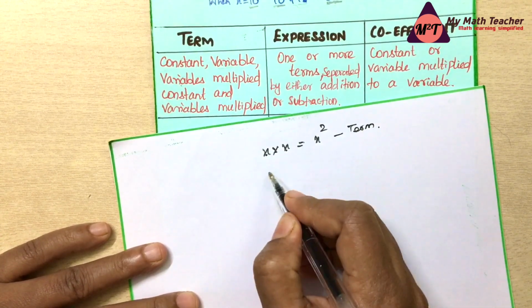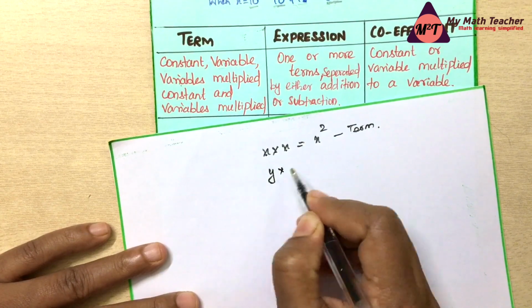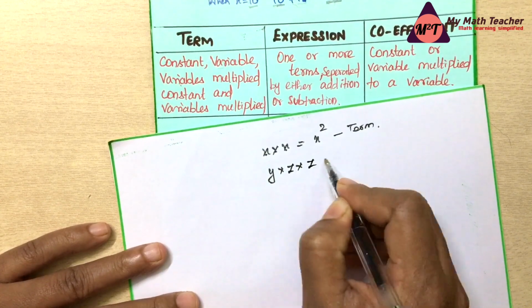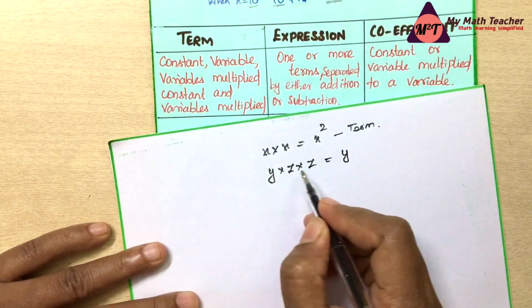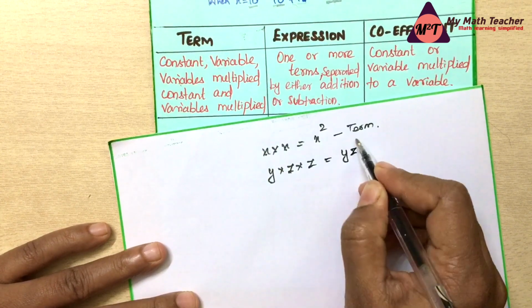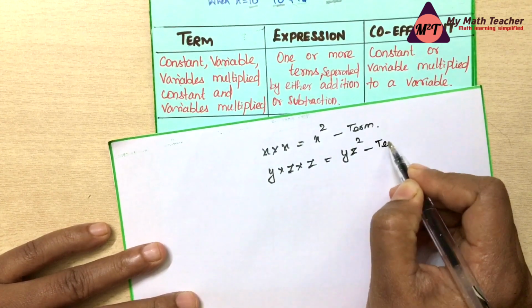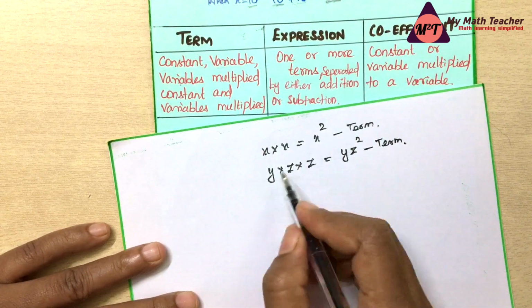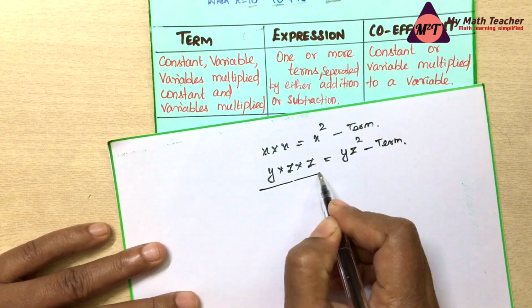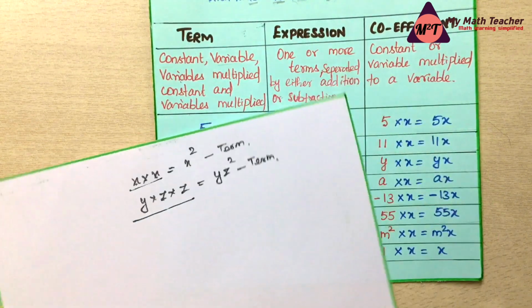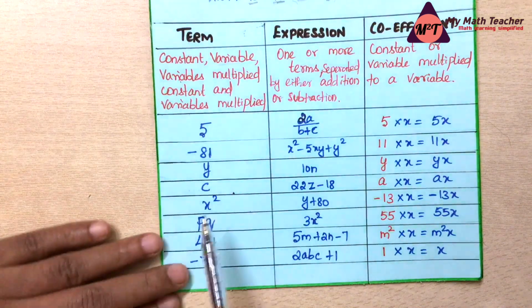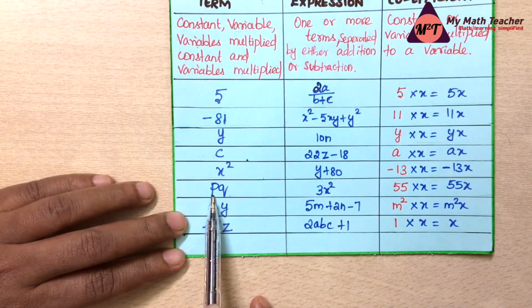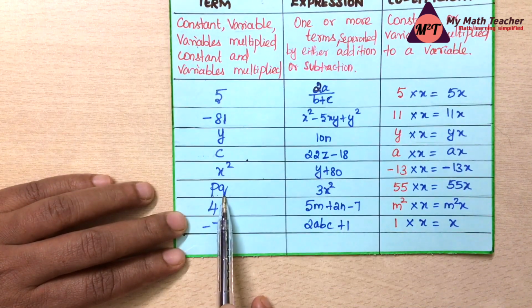You can write y into z, which is y into z multiplied 2 times, z square. This is also called a term. So what is the meaning? Variables multiplied can also be referred to as a term here. PQ is, P is the variable multiplied by the next variable Q.